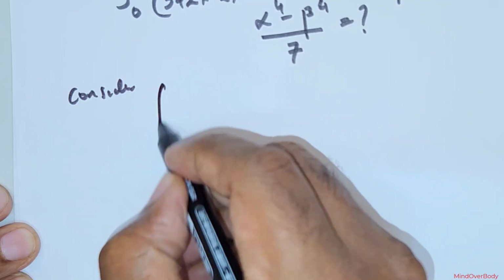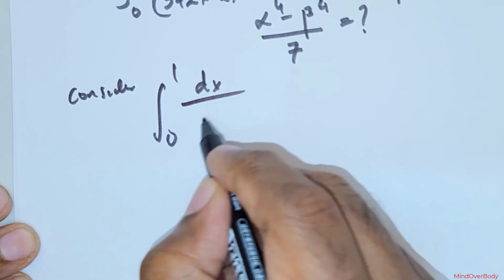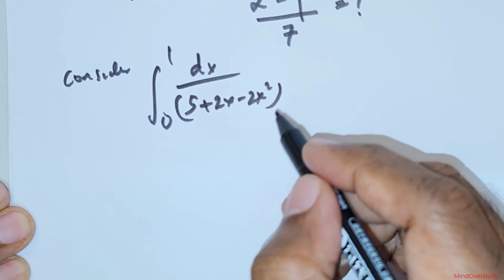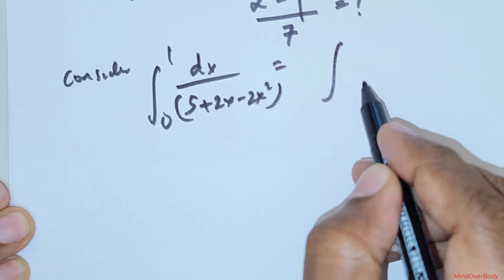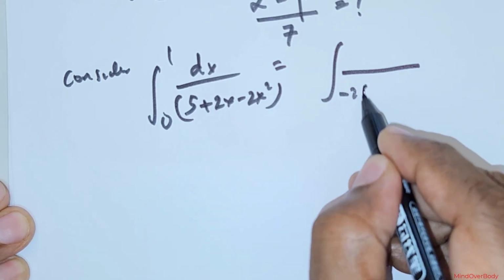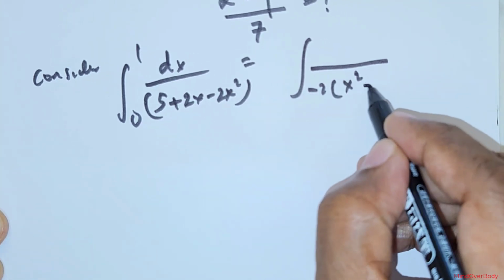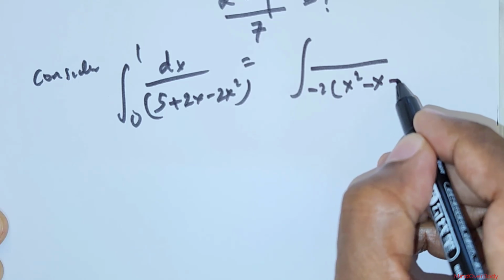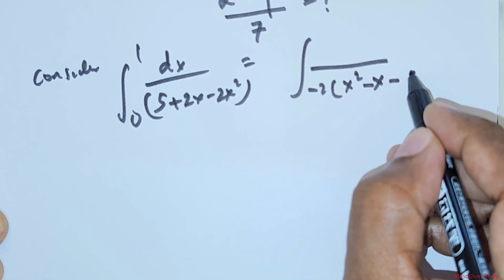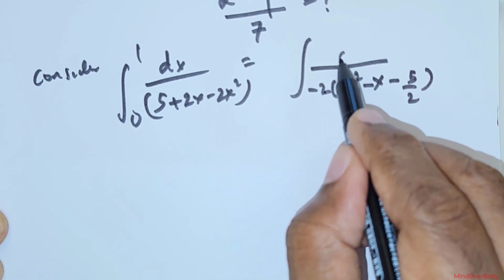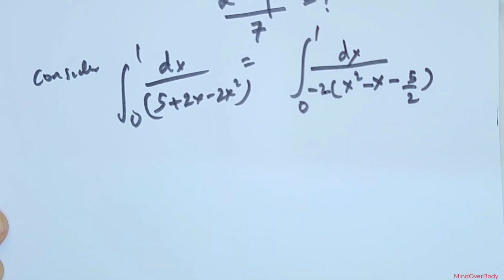So let me consider the integral from 0 to 1 of dx over 5 + 2x - 2x². Now I would like to take -2 out, so I would get x² - x - 5/2, and you have dx there, 0 to 1 is the limit.